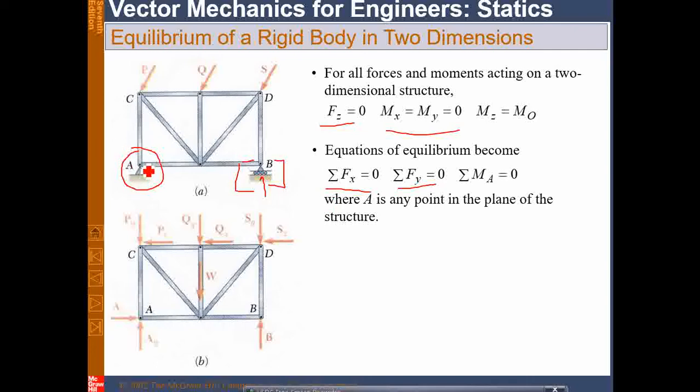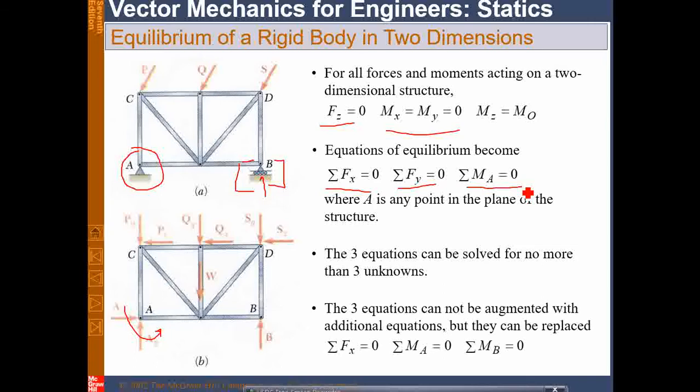And since A is the fixed support, as I said, the fixed support will be offering a moment due to the action of these forces. So the moment equation should also be equal to 0 to keep the structure in static equilibrium. Okay, so if you have three equations, they can only be solved for three unknowns. Remember that. You can solve these three equations for three unknowns only.